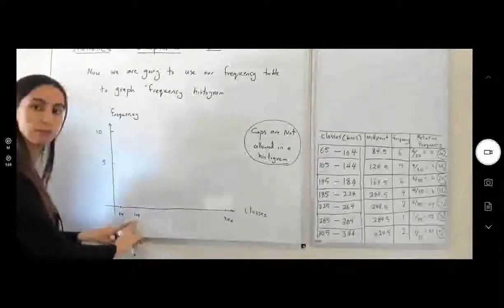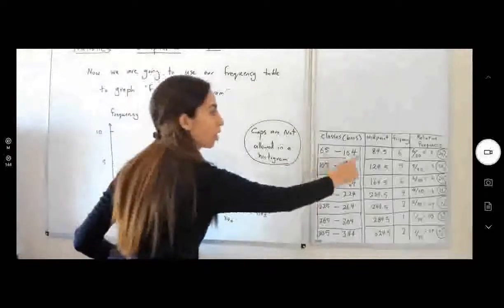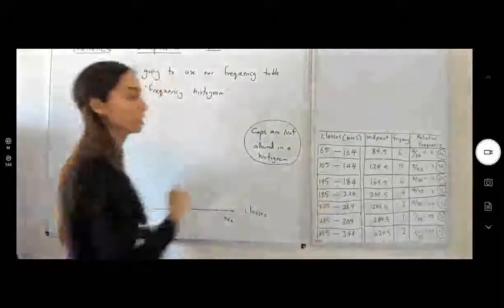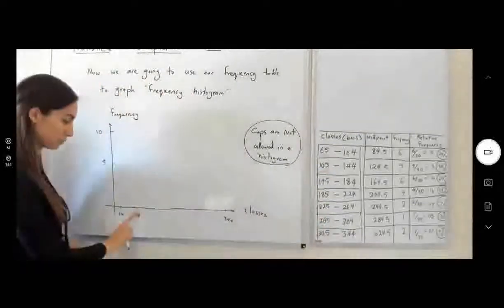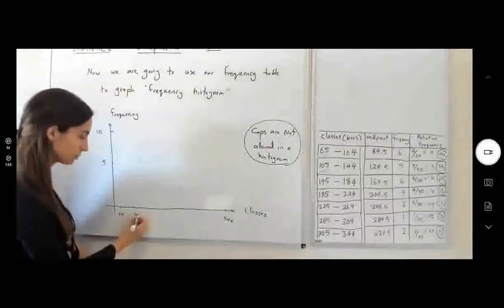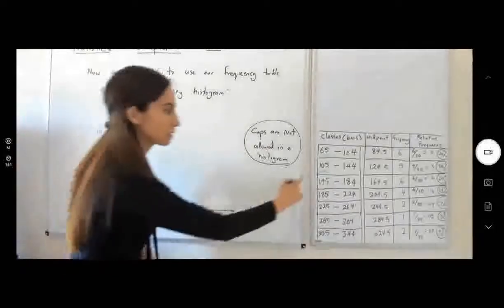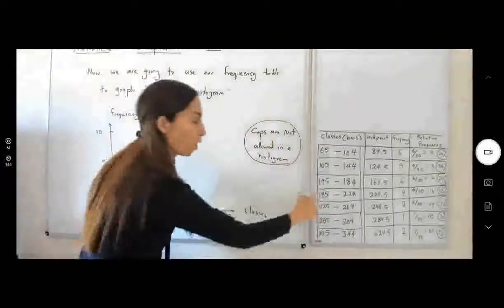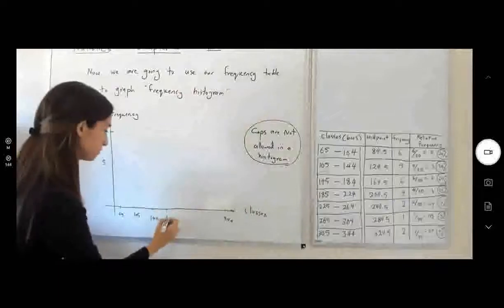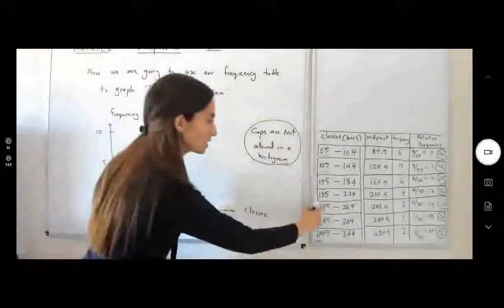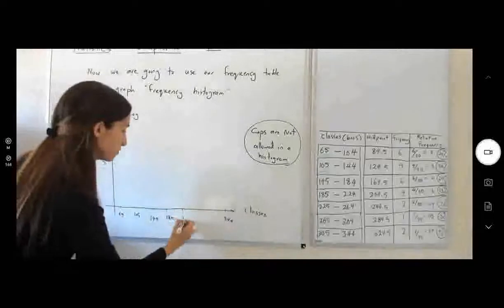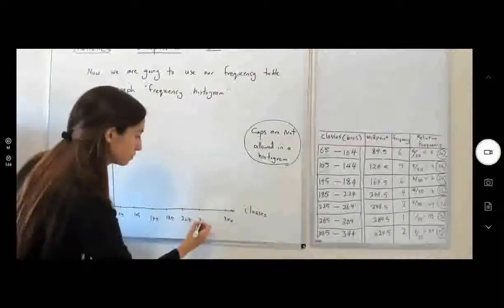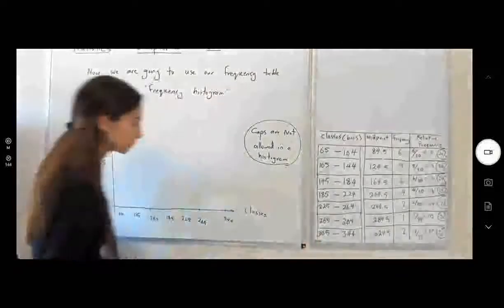So instead of using lower limit and upper limit, you're just going to focus on your lower limits. 65, 105, next class 145, next class 185, next class 225, next class 265, and you have 305.